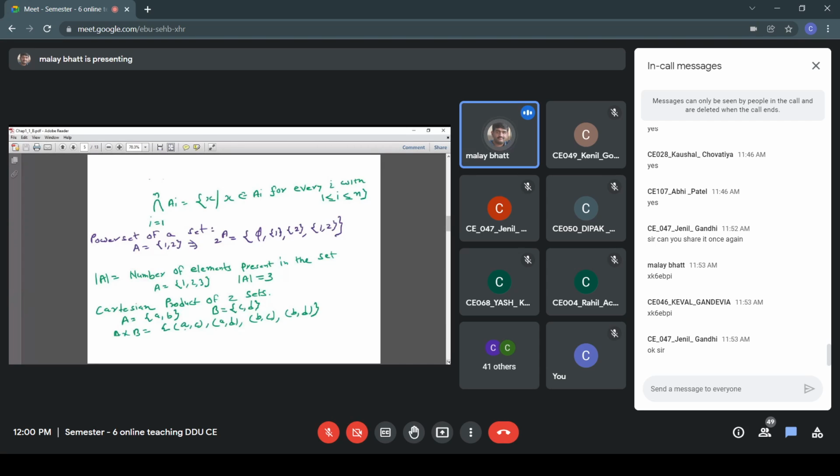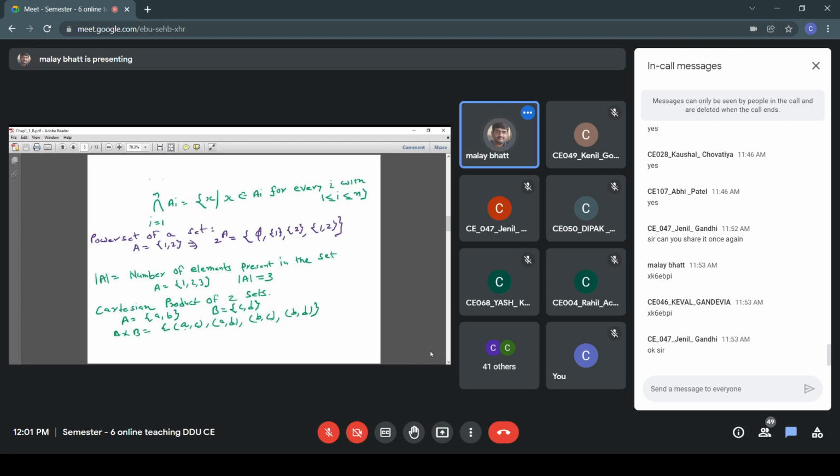So we'll take the first element from the set A and the second element of the ordered pair from the set B. So a with c, a with d, b with c and b with d. So we are getting A cross B, which is the Cartesian product of two sets, as 4 different elements.